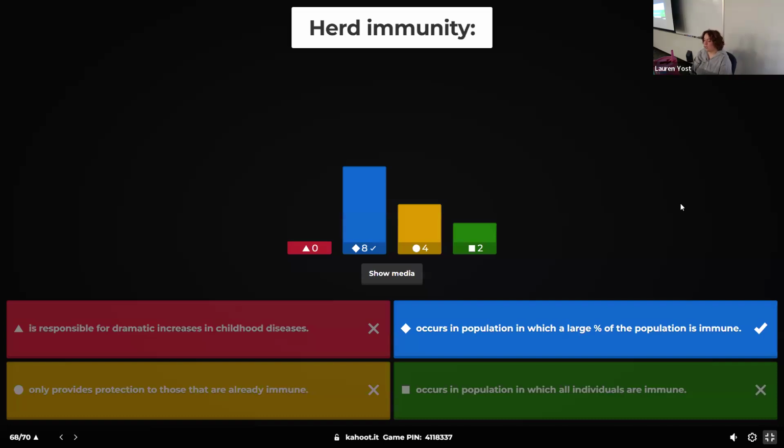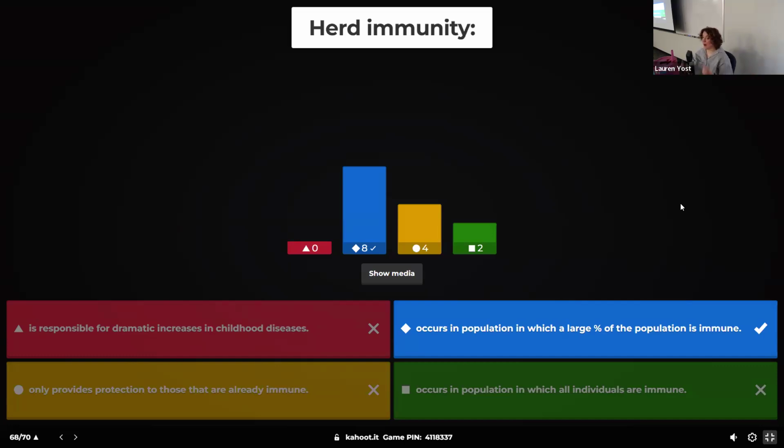All right, so blue is our best answer here. In herd immunity, we have enough people vaccinated that the pathogen isn't going to spread from person to person and therefore can't spread to people who are not vaccinated. It doesn't mean that the whole population is immune. And it doesn't mean necessarily that it provides protection only to those who are already immune. But because we have people who are immune, the pathogen can't spread in the population, and therefore the people who aren't immune can't get infected.